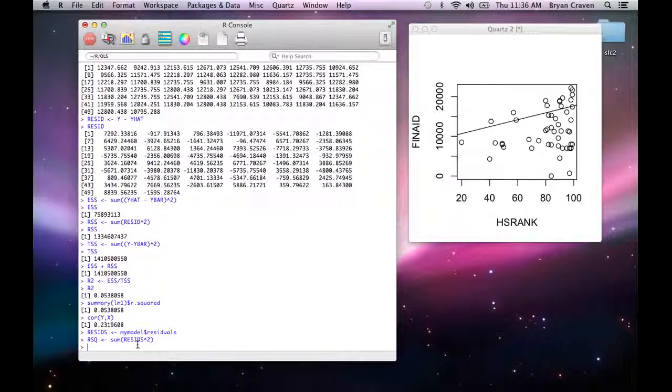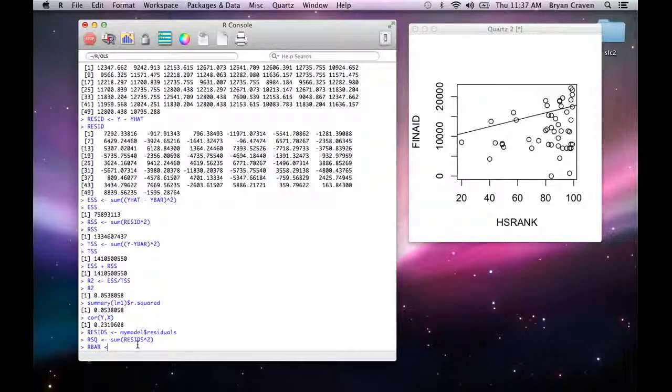And notice that the total sum of squares that we calculated previously, even though it's from a different estimated equation, it was still from the same set of sample data y's and their mean, so we can still use them, and it's still relevant to this calculation. So knowing that, we can calculate adjusted r squared.